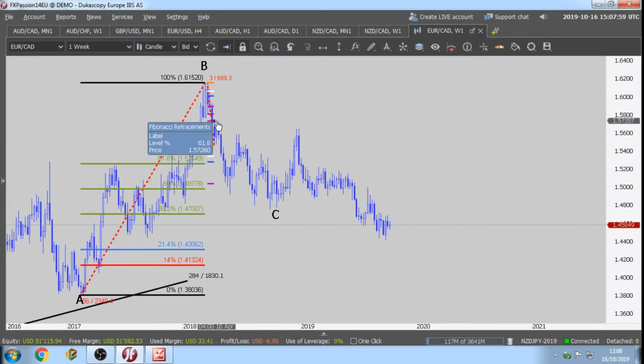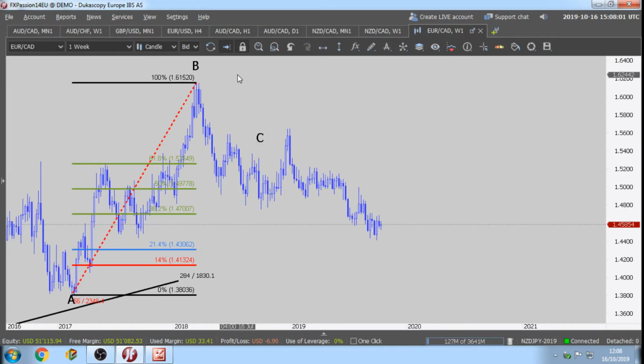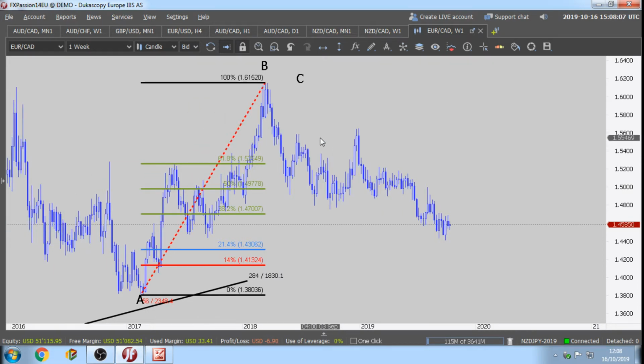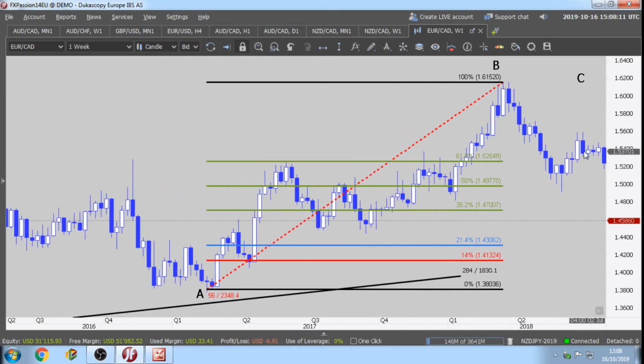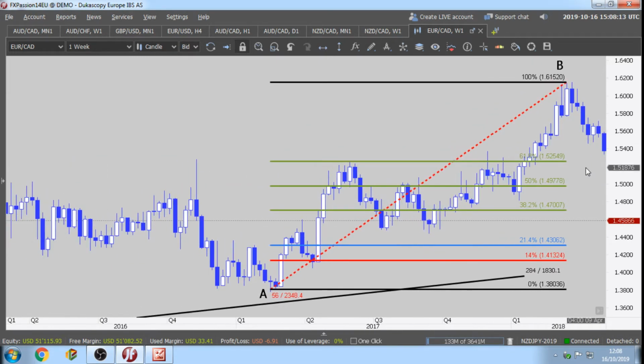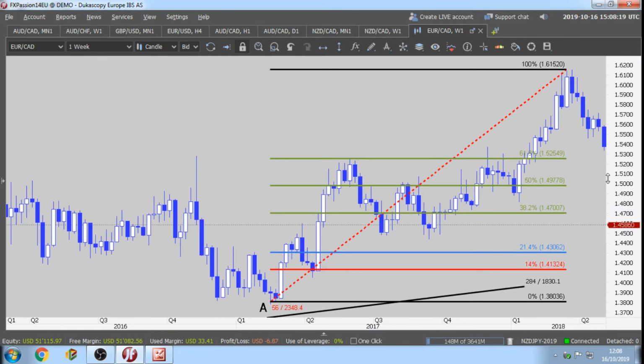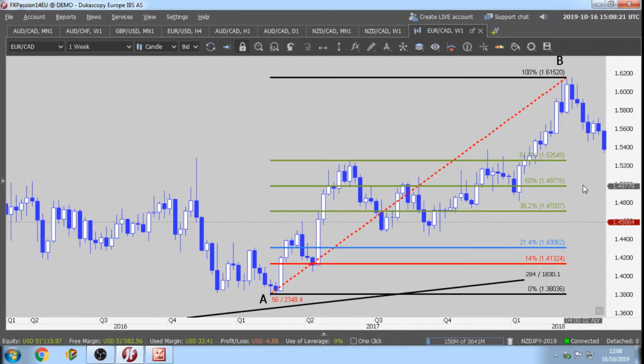Delete the homework. Okay. So how to find the Contrarian Fibonacci? You are welcome, Miguel. So at some point in time, this was, this still is, the AB boundary on the EURCAD weekly chart.